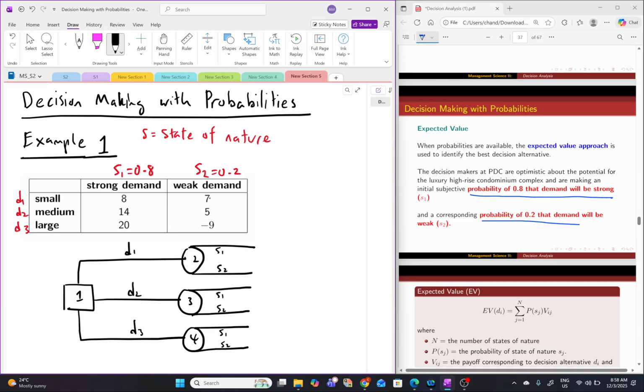Alright, that is the number here. So this number you write here. For D1, what is the strong demand? S1 is 8, weak demand is 7. Here 14, here 5, 20, negative 9.